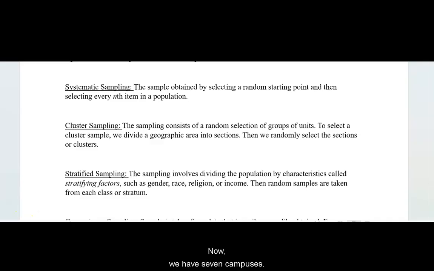Now we have 7 campuses. So what I would do is select a cluster sample. I'm going to divide students by their campus, so geographic area. Then I will randomly select students from each campus. So now I made sure that I'm getting a sample where every campus has been represented in the sample.